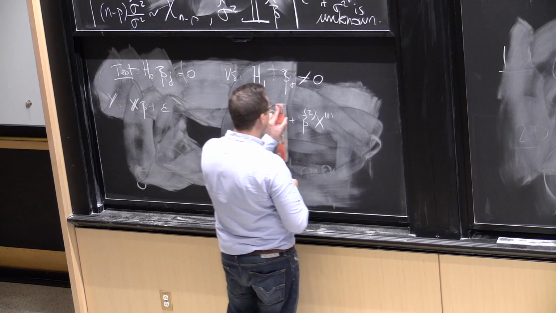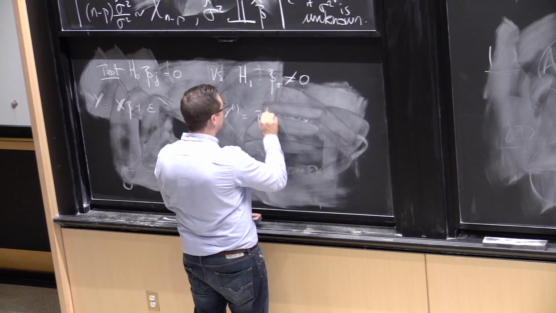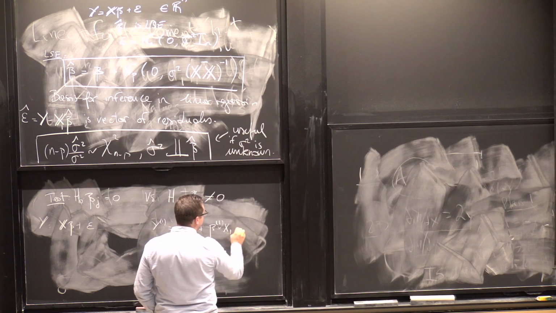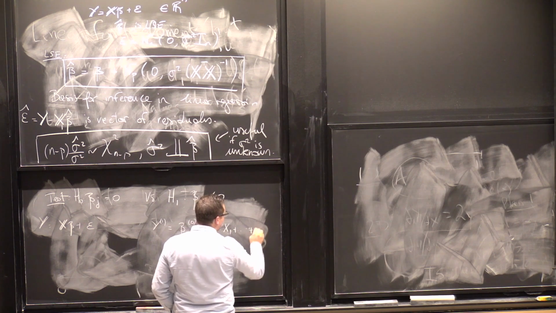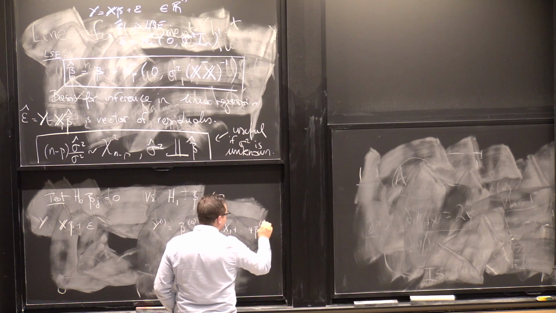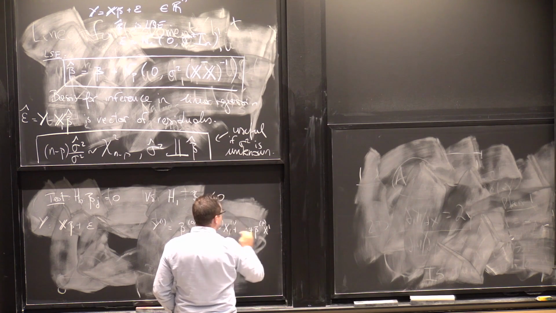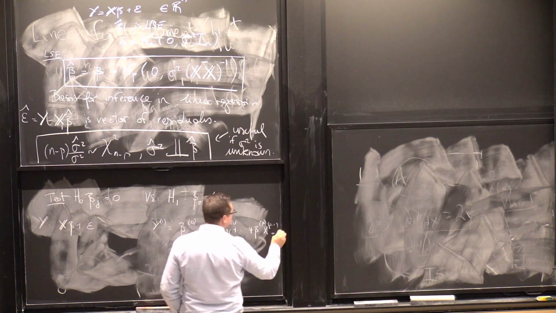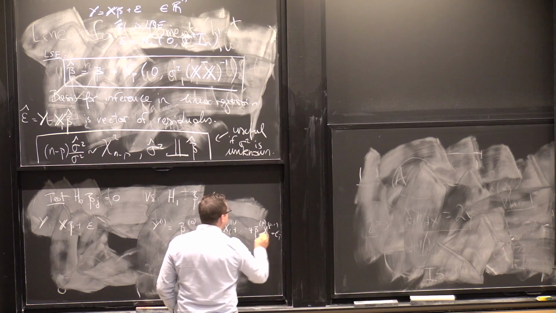Let me write it like this: beta 0 plus beta 1 x1 plus beta p minus 1 x p minus 1 plus epsilon. And that's true for all i's, right?